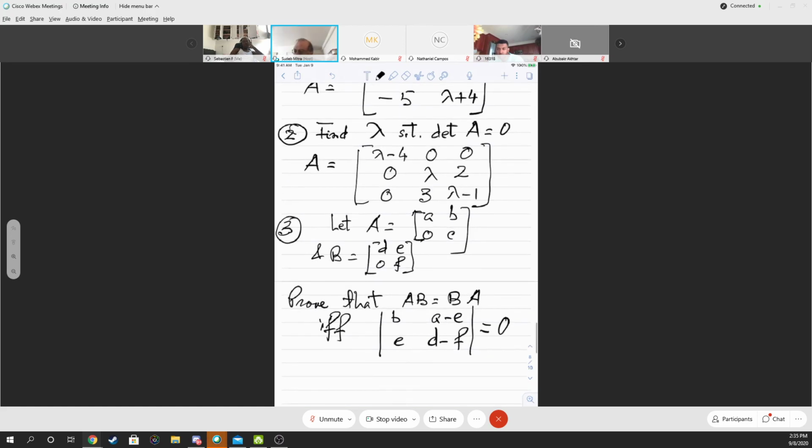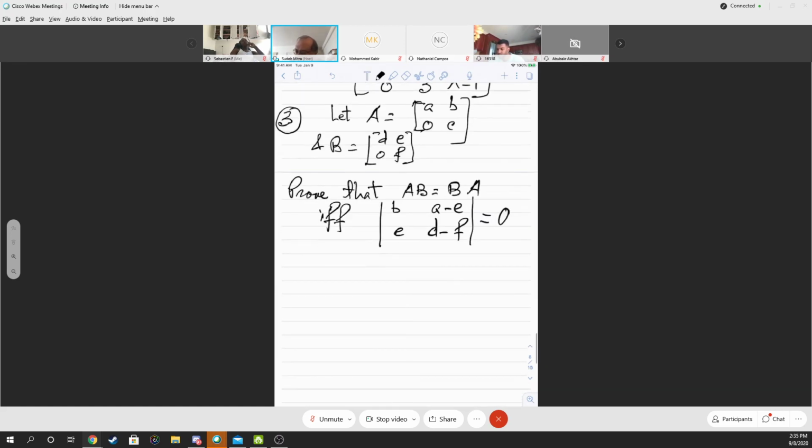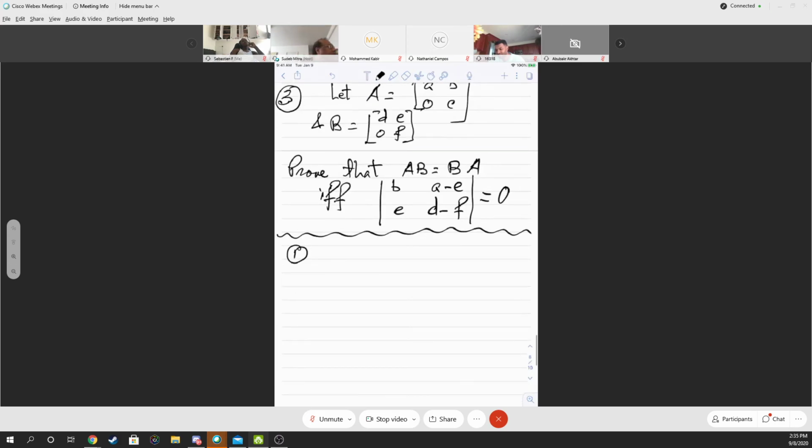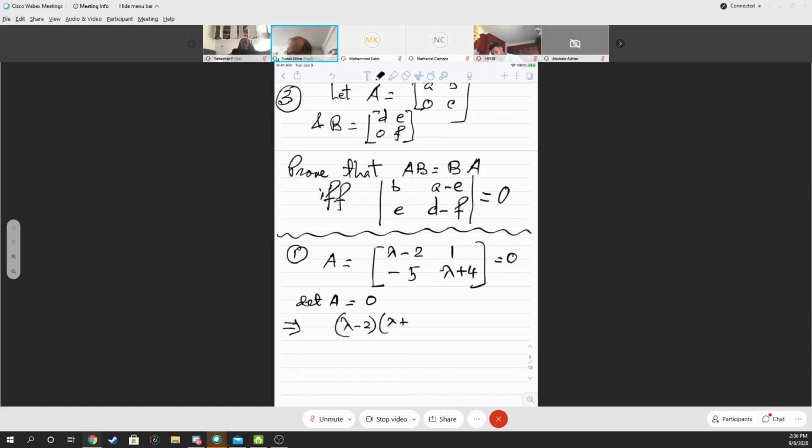Okay, so the first problem should be very easy, no? Determinant of A, the matrix is lambda minus 2, 1, minus 5, lambda plus 4. Determinant of A is 0 implies lambda minus 2 times lambda plus 4, minus minus 5 plus 5, is 0.